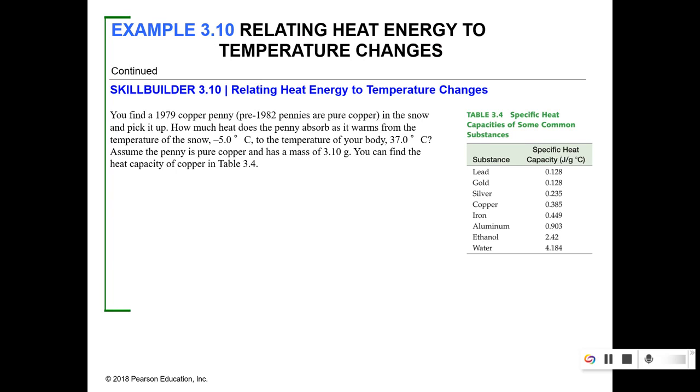Okay, let's do another one. Notice it gave us a specific heat table. It tells us to find the heat capacity of copper on the table. So here's copper. We are going to use that. And it wants to know how much heat, Q, does a penny absorb? Here's our initial temperature, final temperature, mass.